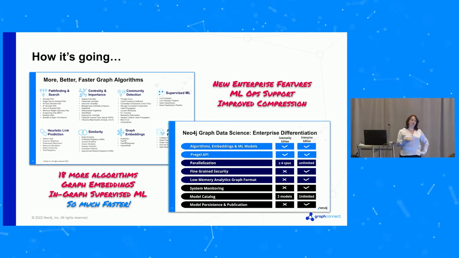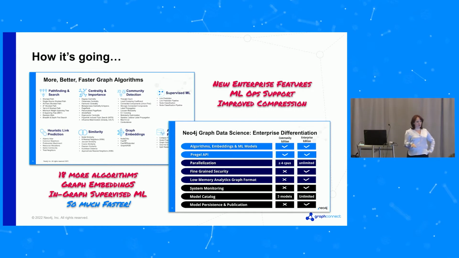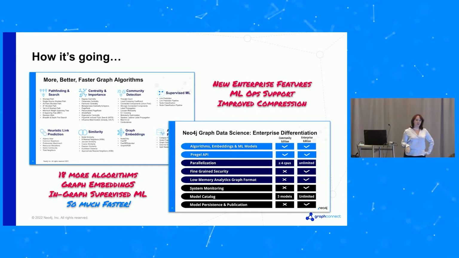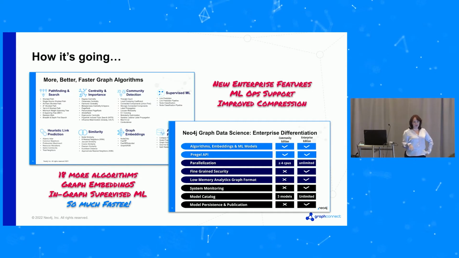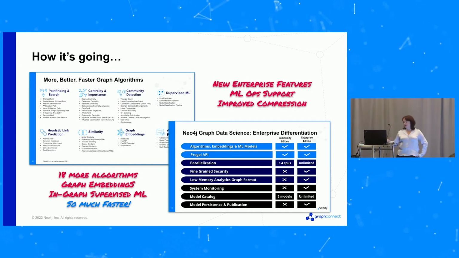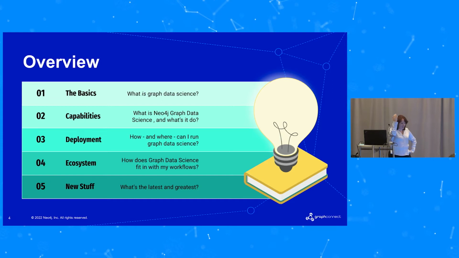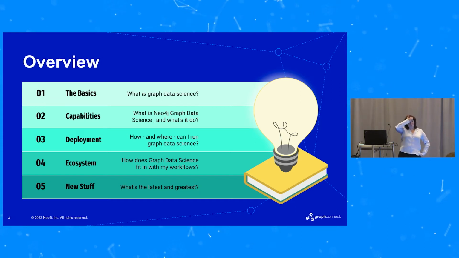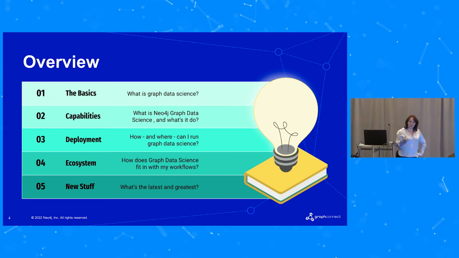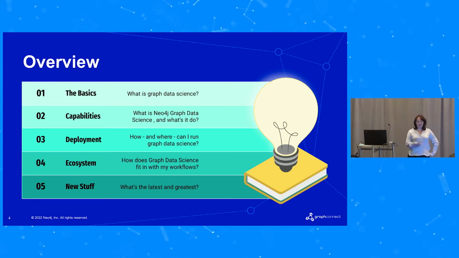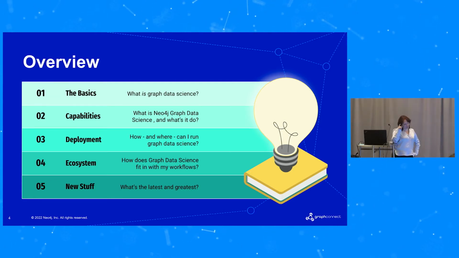This talk is framed around starting off with the basics of what graph data science is, framing how we talk about and understand it, and then talking about what the capabilities are. Here's the overview of the presentation. We're going to start with the basics. Some of you have probably seen these before, but I have learned my lesson: whenever I talk about graph data science, I need to explain what it is.